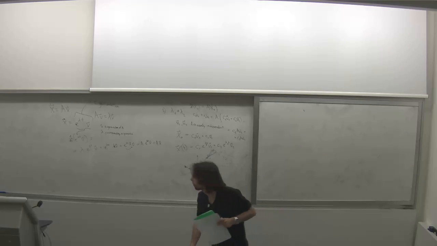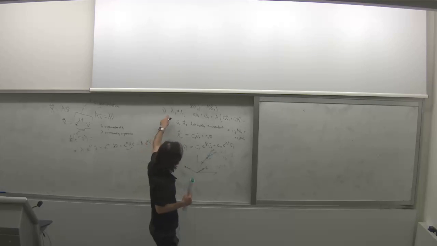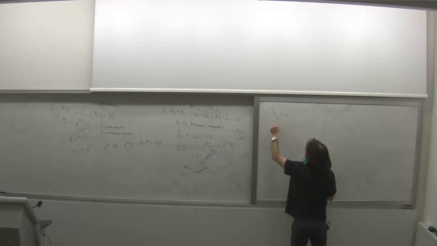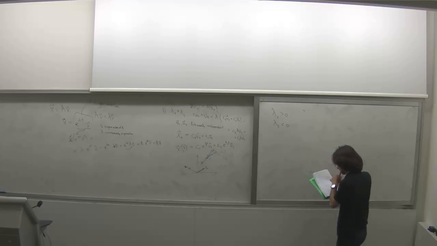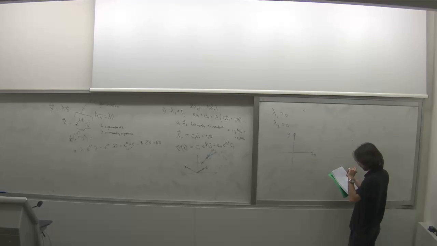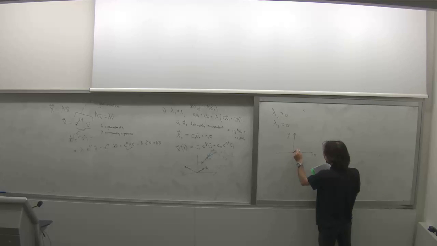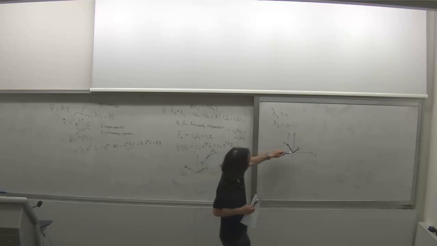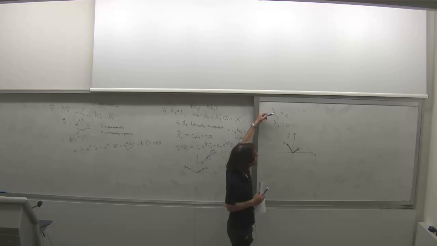Okay, so let's look at this for lambda 1 positive and lambda 2 negative. I would have two eigenvectors, and the system will evolve along the first eigenvector according to a growing exponent.